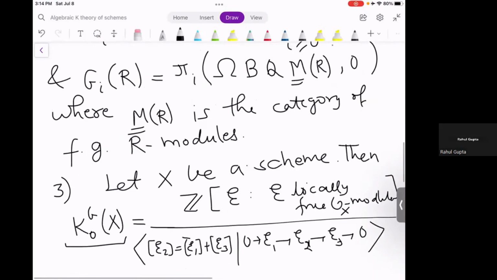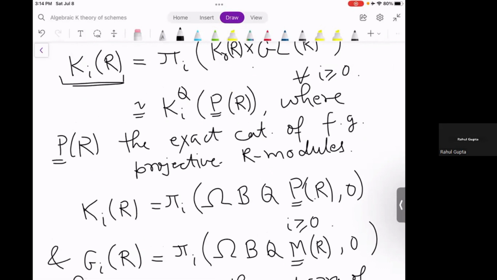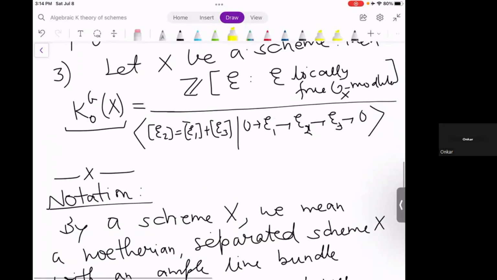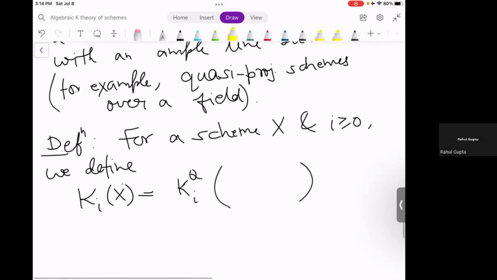So what we did for a ring, we took the category of finitely generated projective modules over the ring R. So what is the correct notion of projective modules when we go to schemes? Are they coherent? They are coherent, but projectiveness is an extra condition. What's the correct notion?